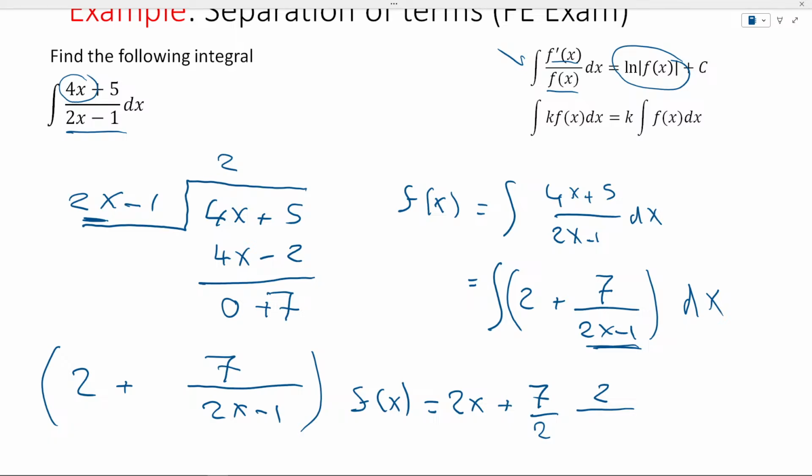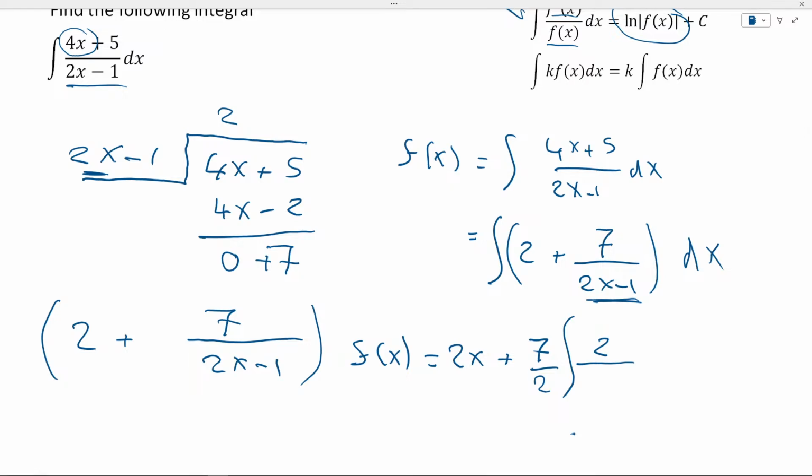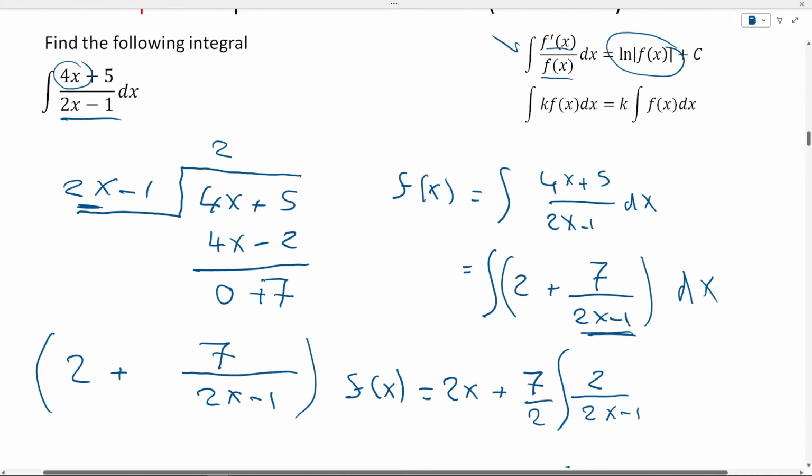And then, let me just write this. So that's the integration of, so I got the 7 out. That's a constant. So we got this out. I put this 2 here, which is divided by 2, and then I got 2x minus 1. And so basically now we have this formula, which is the function 2x minus 1 and its derivative, which is 2, because the derivative of 2x minus 1, that's 2, yeah.